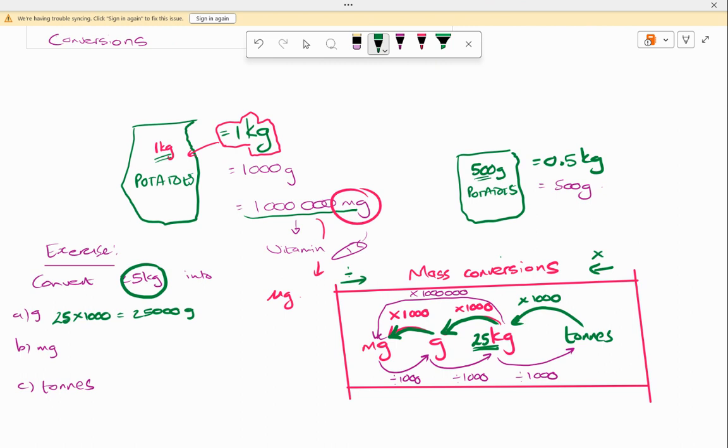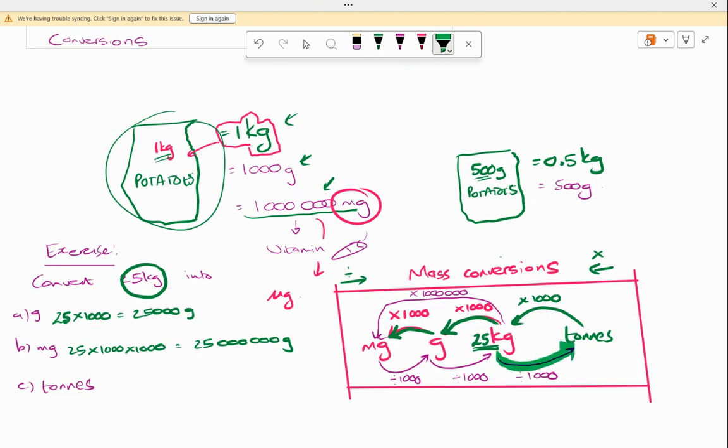So I would take 25 times 1,000 and times 1,000 again, which is 25 million milligrams. Now remember, even though these numbers are changing, the size is still the same.